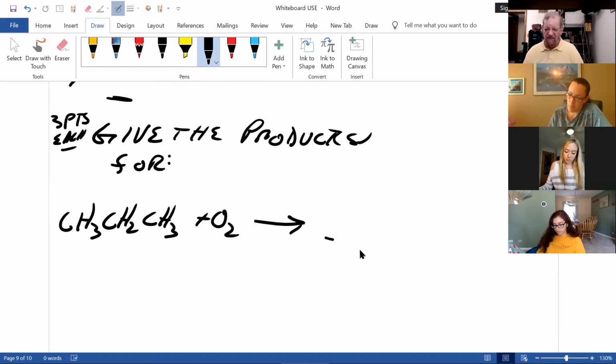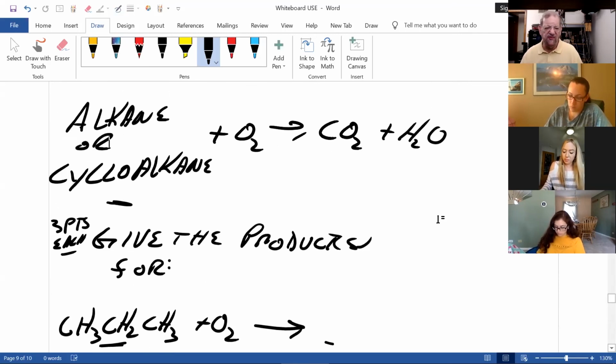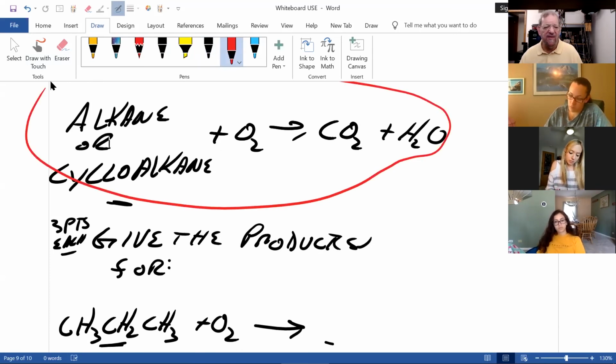What do you do? Well, first of all, you look at the reactants. Ooh, what's different about this? It's an alkane. What's different? Oh, it's oxygen. And you have learned this general reaction. What I mean by learn, you memorized it.